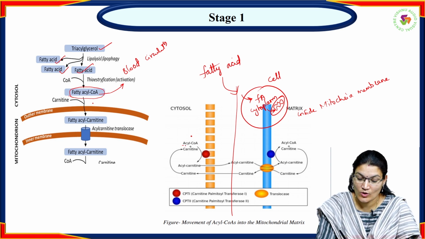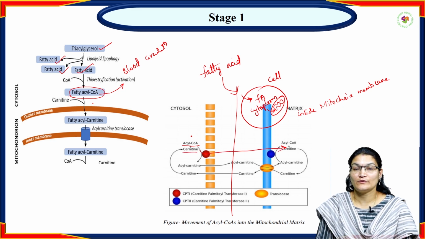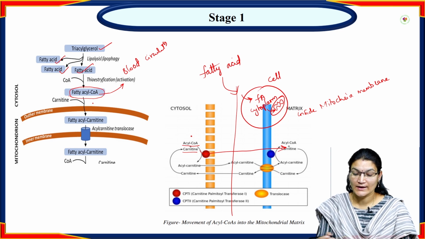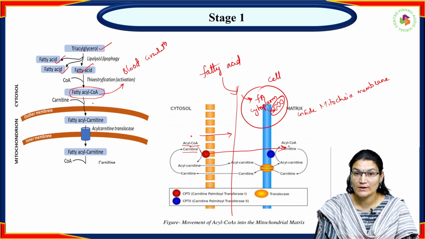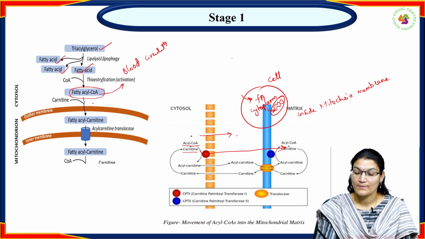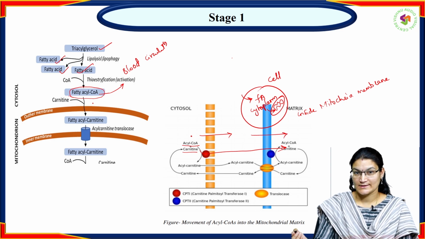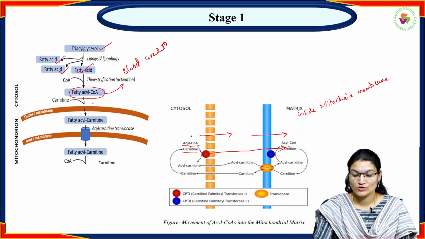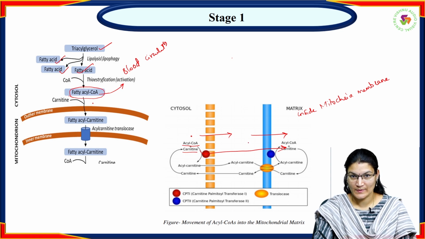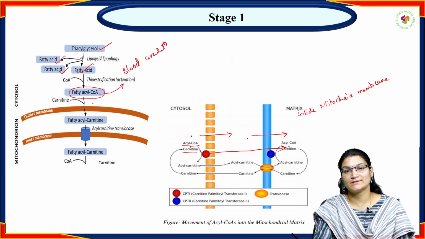Here acyl coenzyme A has to bind to carnitine to enter. If it won't bind to carnitine, it can enter only up to the outer membrane of the mitochondria, but it cannot go inside.